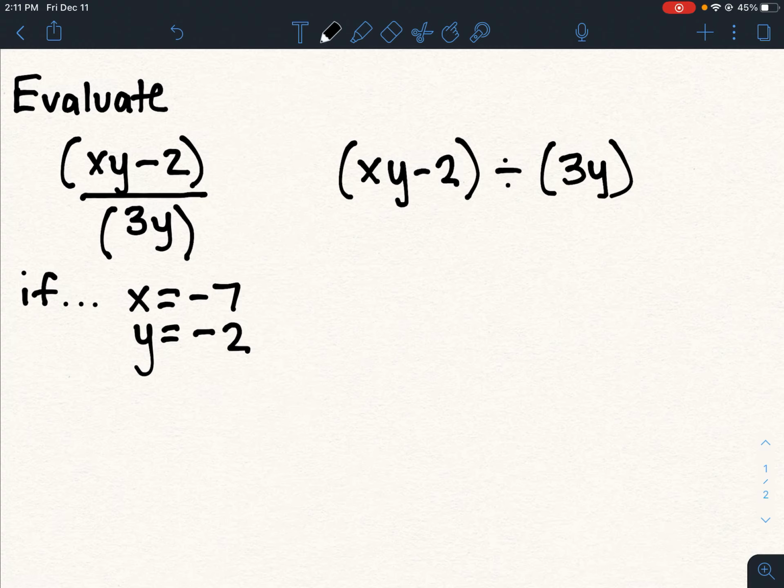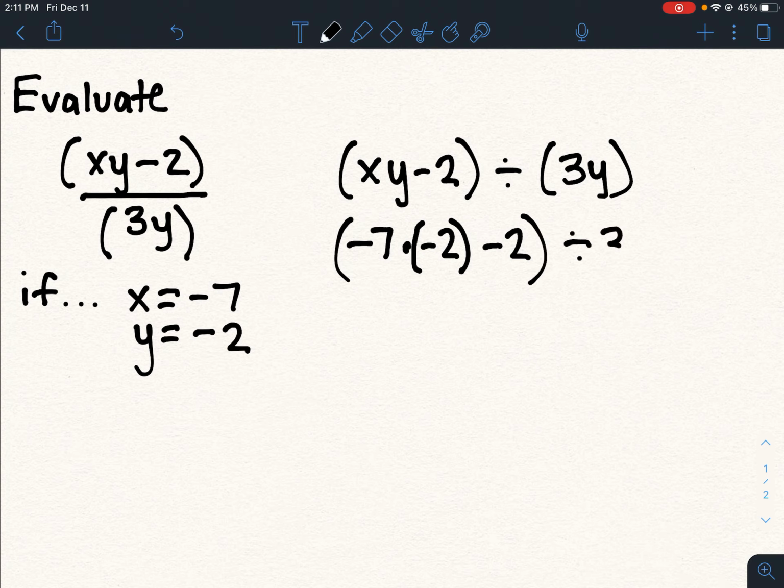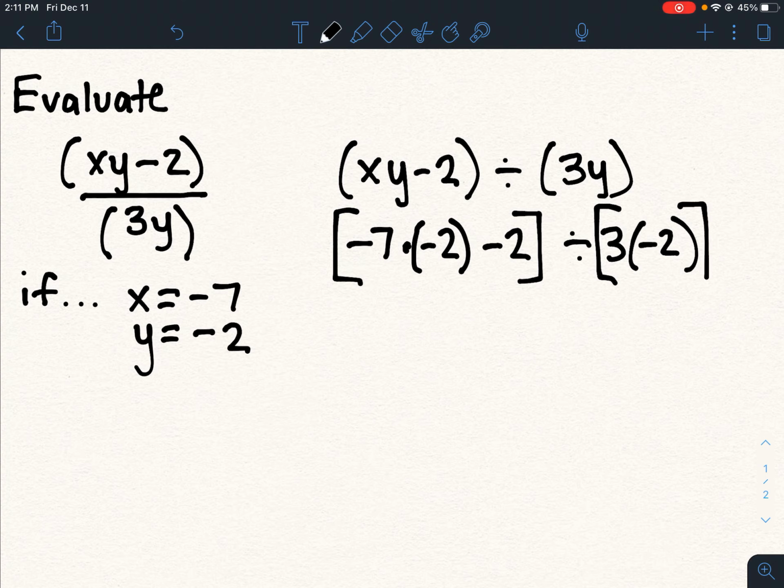Okay, now I'm going to replace each variable with its correct number. -7 times -2 minus 2 divided by 3 times -2. Now what I'm going to do is use brackets here because I had parentheses inside already, and these can go in their own brackets as well.